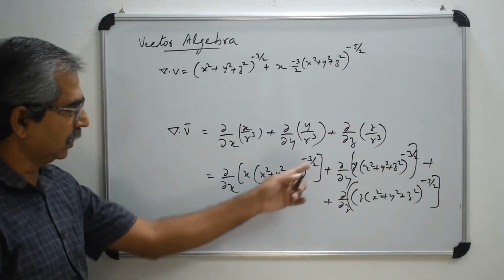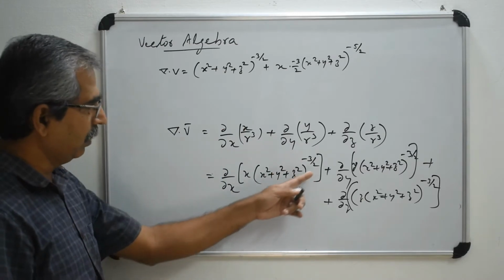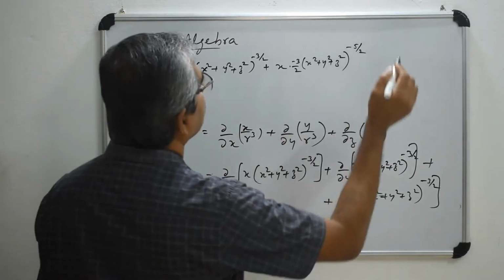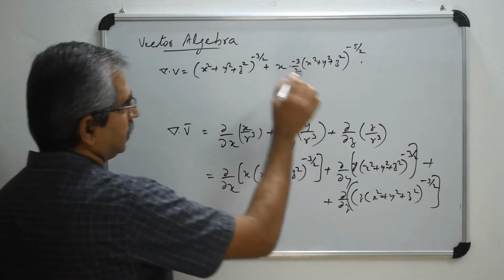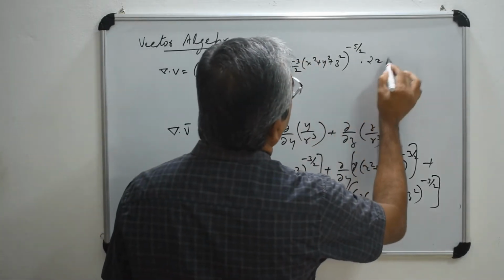Isn't it? Minus 3 by 2 minus 1, that is minus 5 by 2. Then into the derivative of this one, that is 2x.